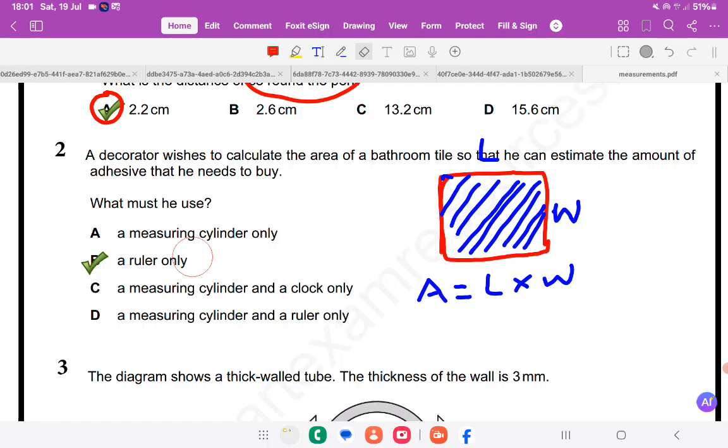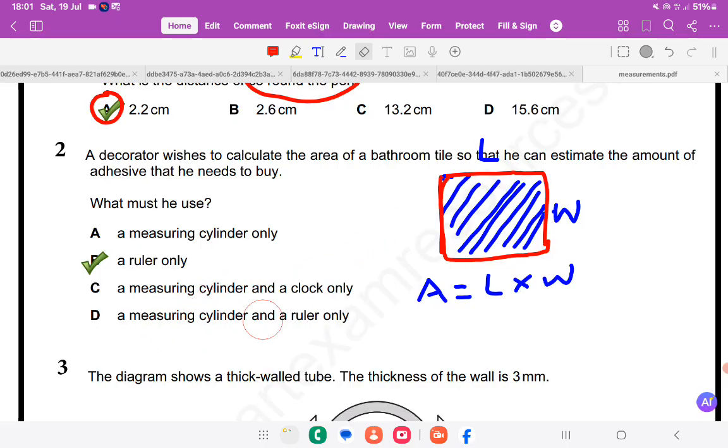A ruler only? Yes, a ruler can be used to measure length as well as width. Measuring cylinder and a clock only. Measuring cylinder usually measures volume of liquid, and the clock measures time. So there's no need to measure volume here and time, therefore C cannot be the answer.